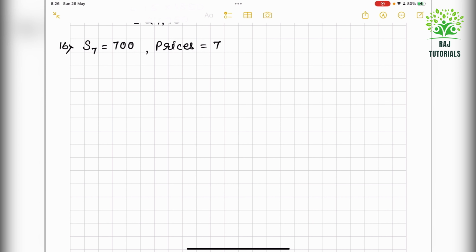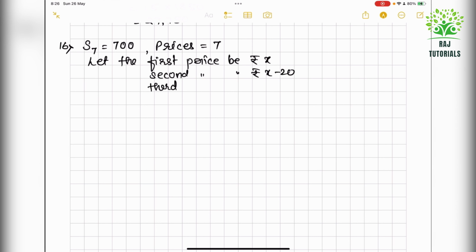If each prize is rupees 20 less than its preceding prize, so let the first prize be rupees X. The second prize will be rupees X minus 20. Third prize will be rupees X minus 40. So like this it will go. So I can say A equal to X, D equal to minus 20, and S7 is 700.